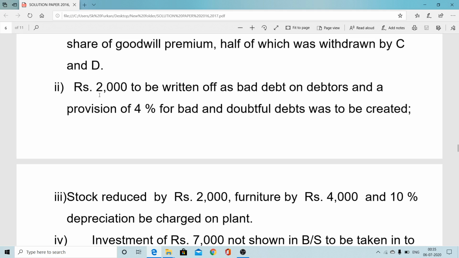For the 2,000 bad debt, revaluation account debit to debtors account or to bad debt account, number 1. Number 2, creation of new provision for bad debt, revaluation account debit to provision for bad debt account. The 4% you have to calculate after deducting 2,000 from debtors, that is 34,000. Thereupon 4% comes to 1,360 rupees.